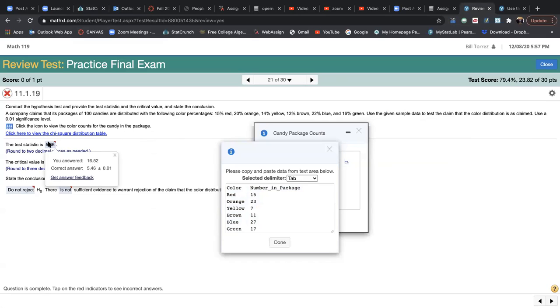Okay, again, the 5.46, I would consider that as correct. Okay, and so let's calculate the critical value. Remember we have K colors here. So the degrees of freedom for the goodness of fit is K minus 1, which is 5.